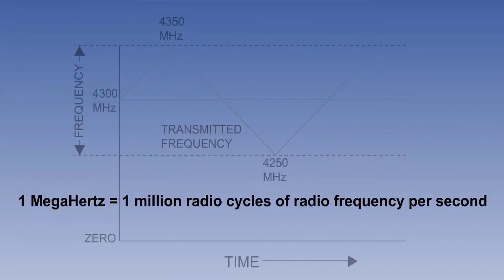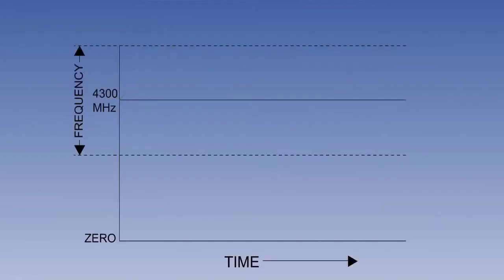A megahertz is 1,000,000 cycles of radio wave per second. Again, these terms will be covered in more detail later in the course. The basic frequency is varied in what is called a sawtooth pattern. It starts at 4,300 MHz, then increases linearly with time up to 4,350, then immediately reverses direction and decreases linearly to 4,250.